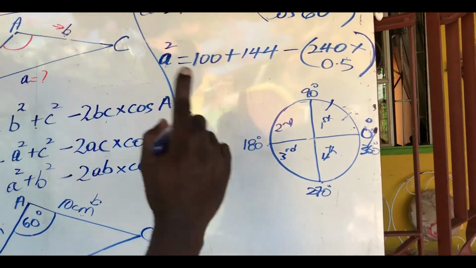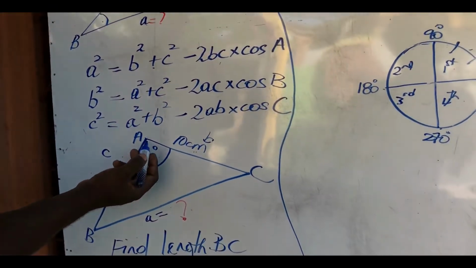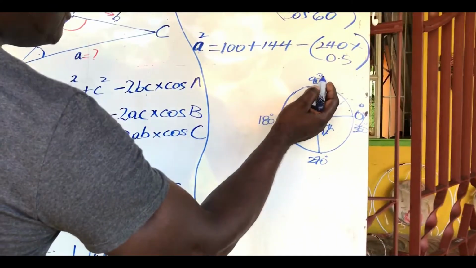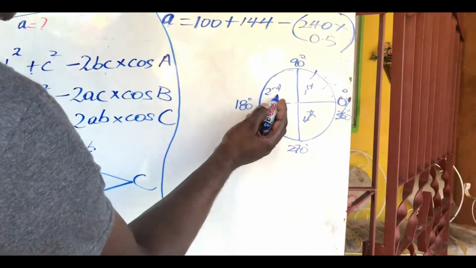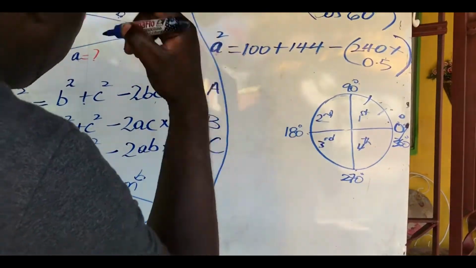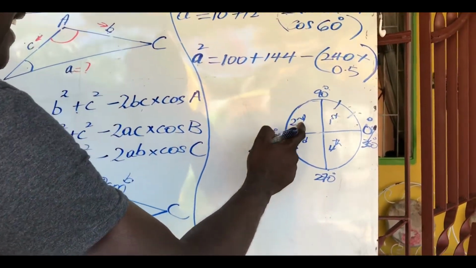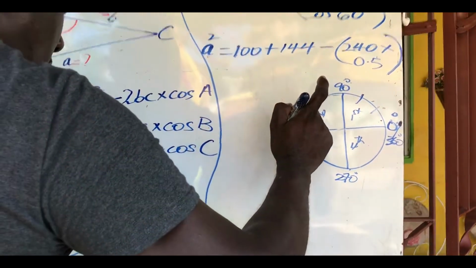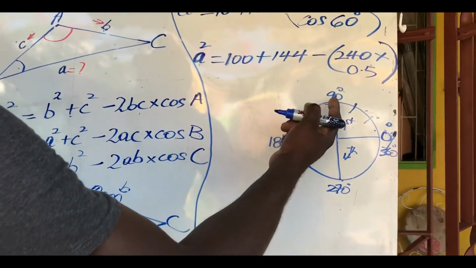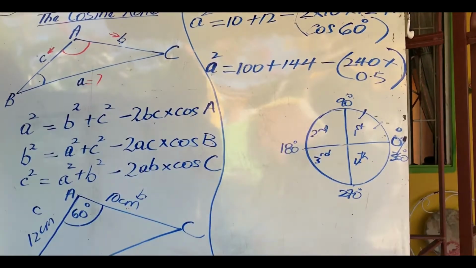What is also important is that we may meet angles that are greater than 90 degrees when dealing with cosine. Greater than 90 degrees would fall in the second quadrant. What you need to remember is that in the second quadrant, cosine is negative. So the ratio that you are going to get must be negative once the angle passes 90 degrees up to 180, that is, if you get an obtuse angle.